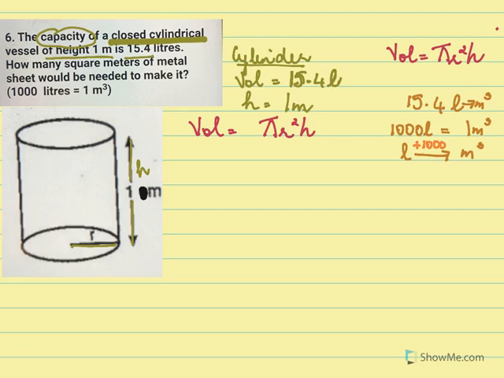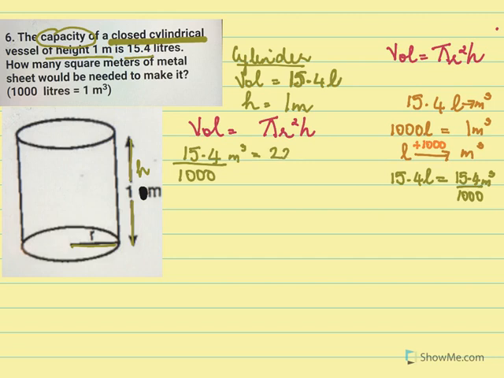So we do that. We have 15.4 liters equals how many meter cubes? 15.4 divided by 1000, then you get meter cube. So here when we do the sum, we are going to put 15.4 divided by 1000 because we needed to change it to meter cube.